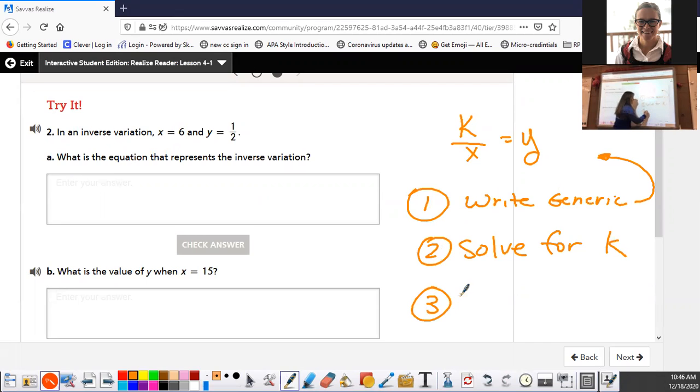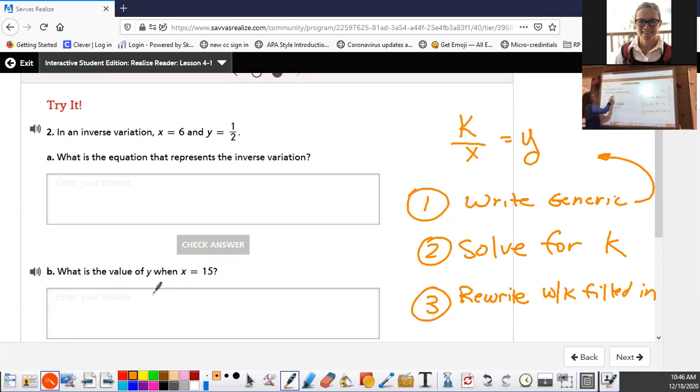Step three, rewrite with k filled in. So in this case, I would say figure out what k is, solve for k, and then rewrite it with k in there and solve for your other variable.